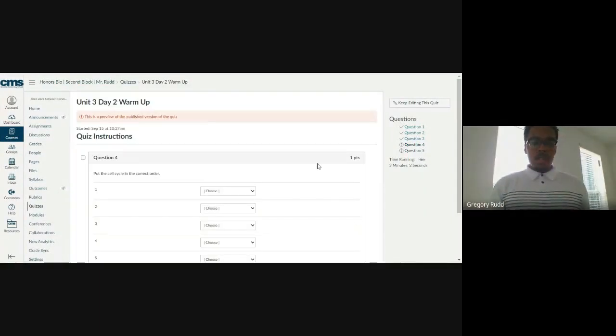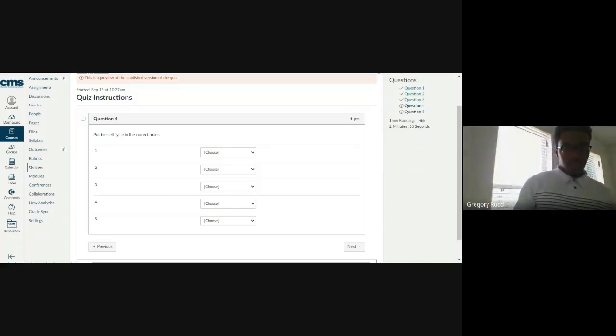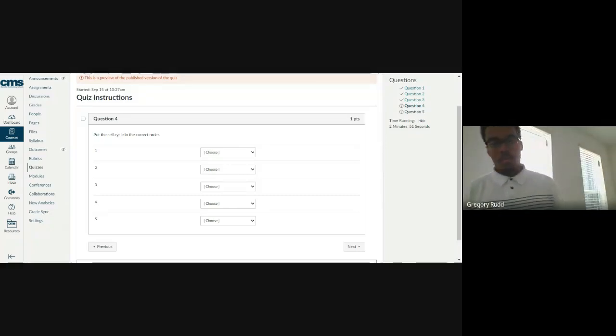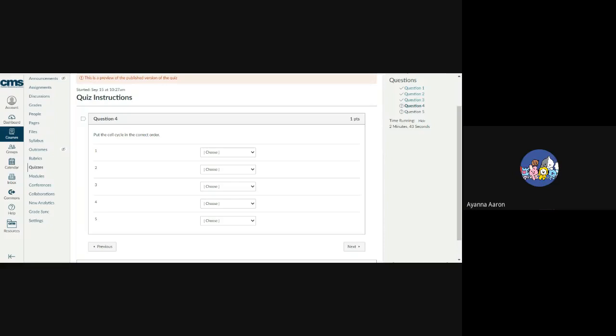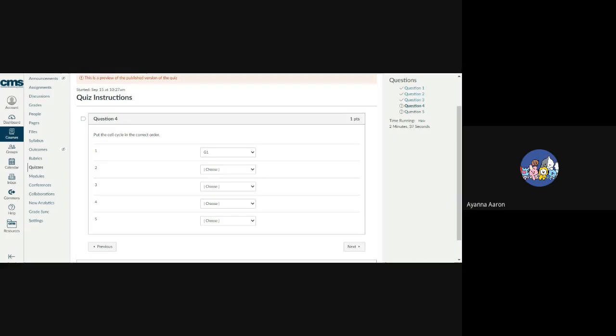Okay, so what's the first step of the cell cycle? This is what we talked about yesterday. The first one is G1. Good. And then the next one is synthesis.